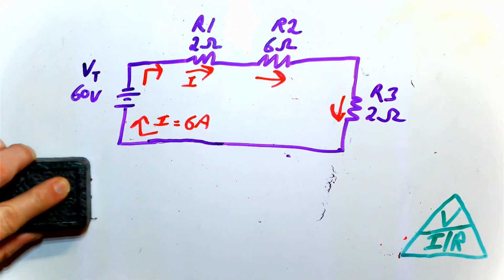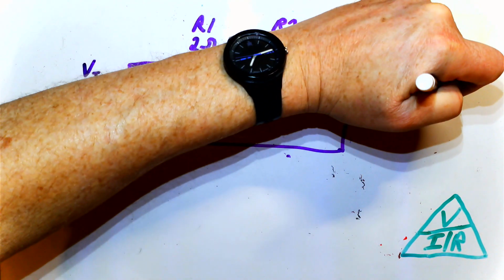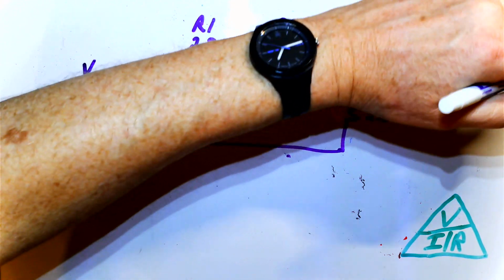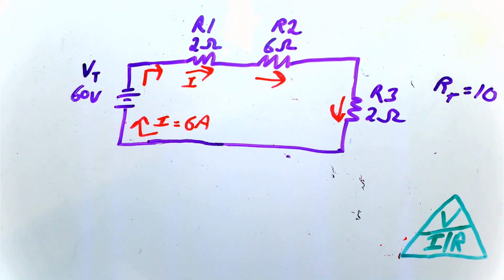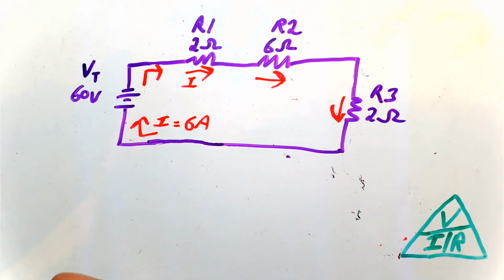We know that RT is 10 ohms, so let's write that over here. RT equals 10 ohms. So we know that we have 6 amps going through the circuit. So how much voltage at each resistor?